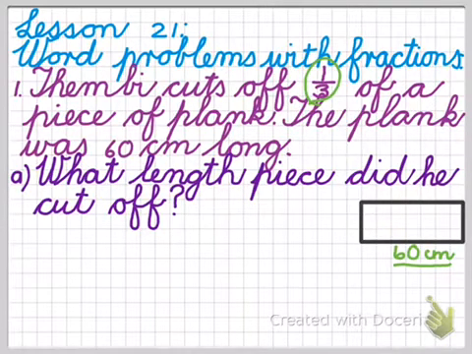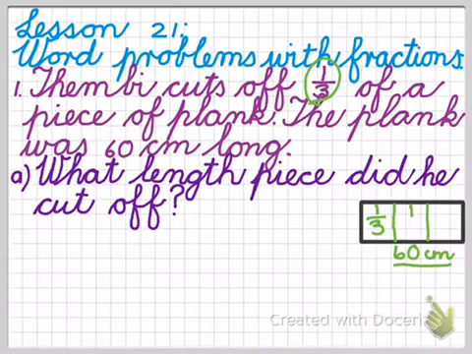So that means we cut this piece of plank into thirds. Let's make it into thirds like that so that we can have a look at it. Each of these is 1/3. Then he cuts off 1/3.